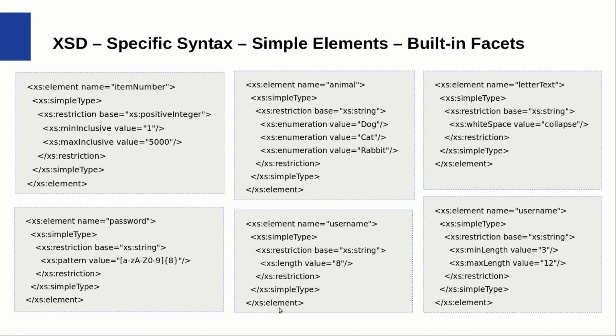And here, in the fifth example of facets, we have a username element with a simple type element and a restriction element nested to the simpleType, and the restriction with a base string, and the facet we're using here is the xs:length facet with a value of 8.